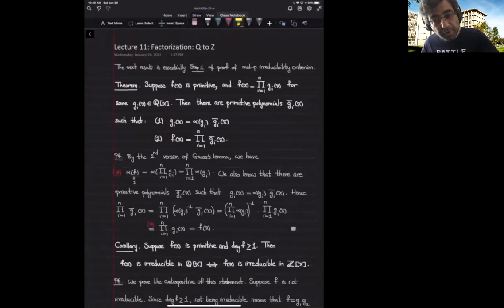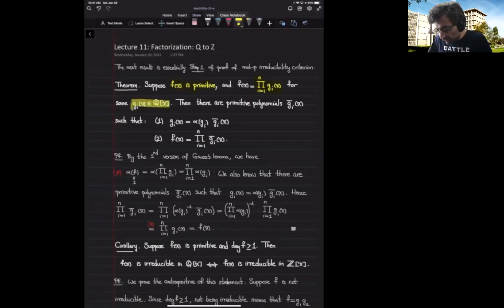Suppose I give you a primitive polynomial, and I tell you that I managed to decompose it as a product of polynomials, but unfortunately, I only know that these polynomials have rational coefficients. Now I ask you, can I write it as a product of polynomials with integer coefficients? And the answer is yes.